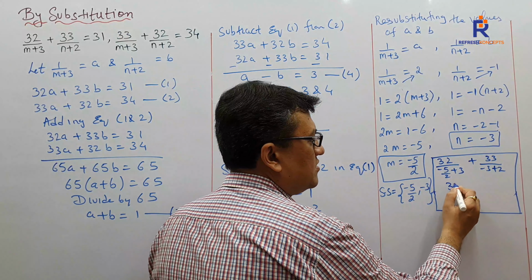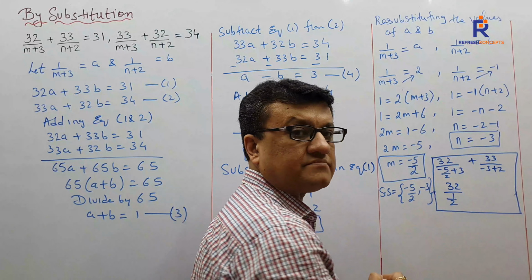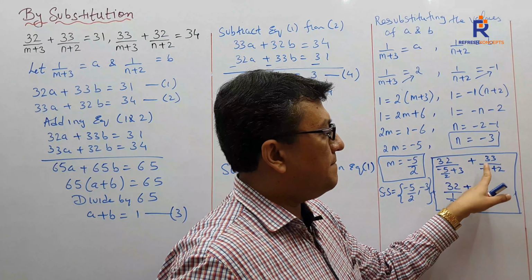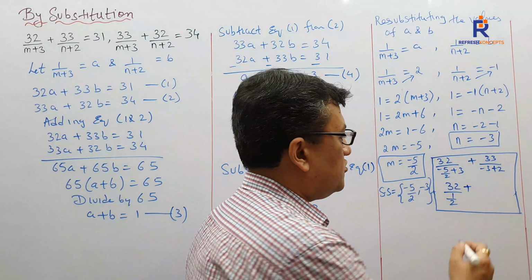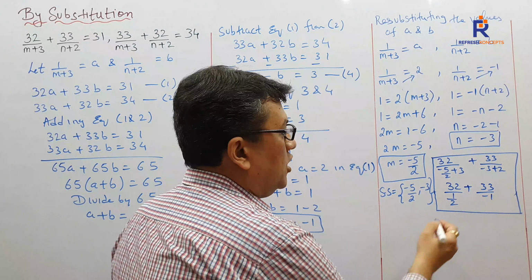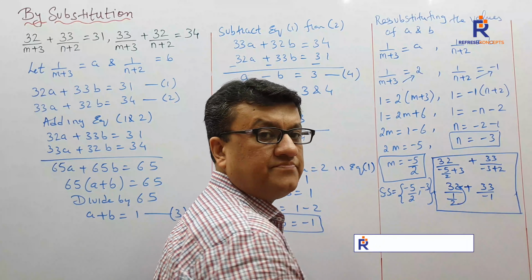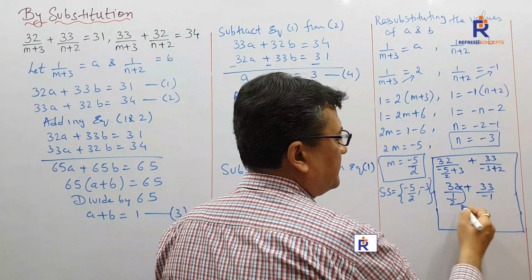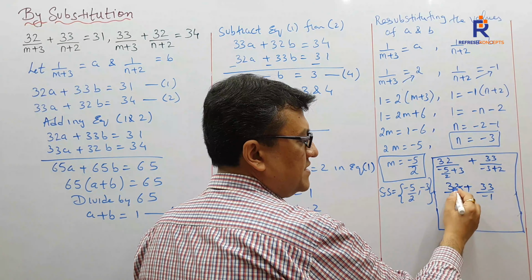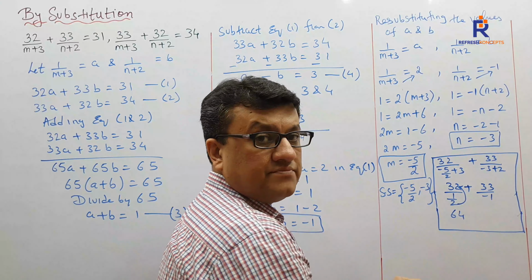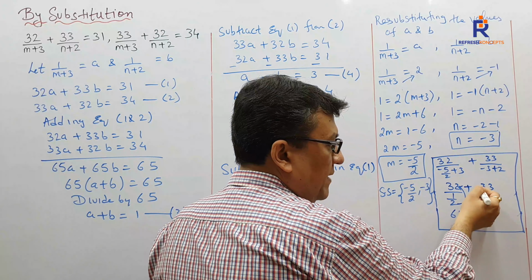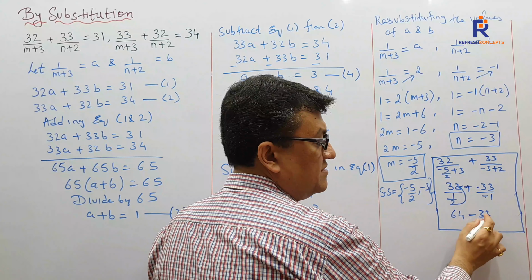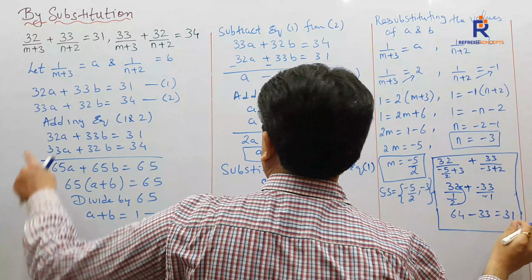So 32 upon half, plus 33 upon minus 3 plus 2, which is 33 upon minus 1. What am I left with? 32 twos are 64. The minus sign will go up, plus of minus is minus 33. 64 minus 33 is 31.